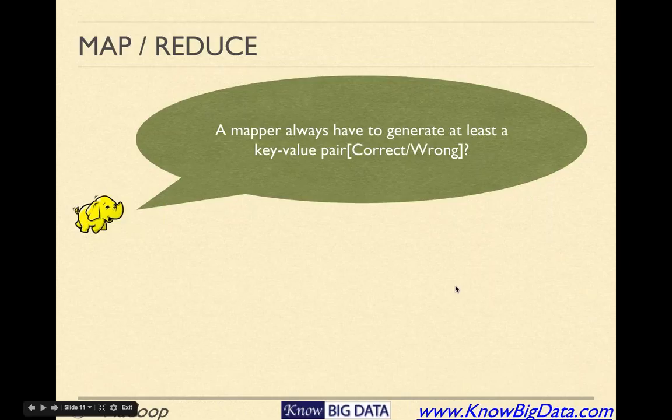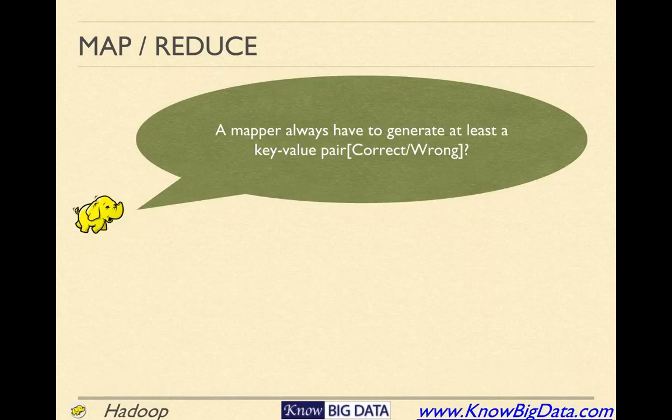The answer is wrong, because mapper does not have to generate even a single key value pair. There is no such condition on mapper. Whether it wants to generate a key value, or generate one key value, or generate 100 key values, it's a choice of your code, your mapper.